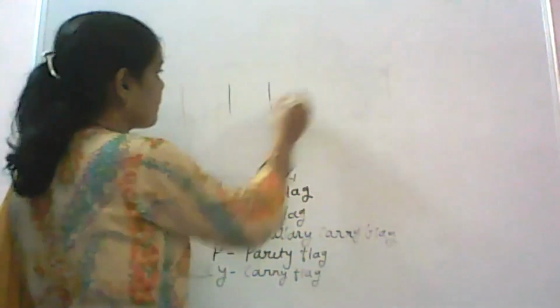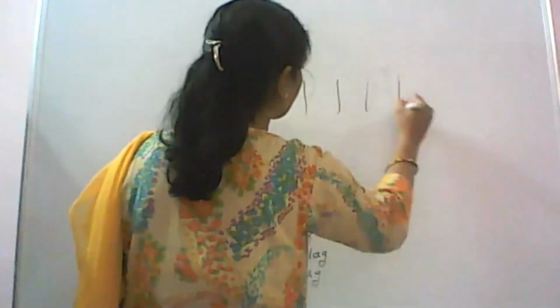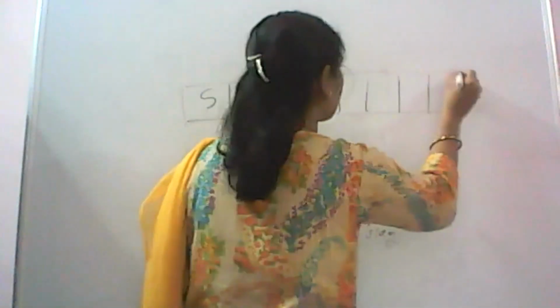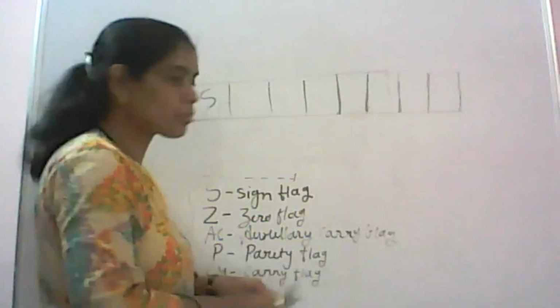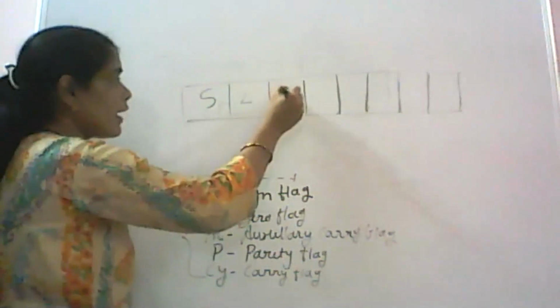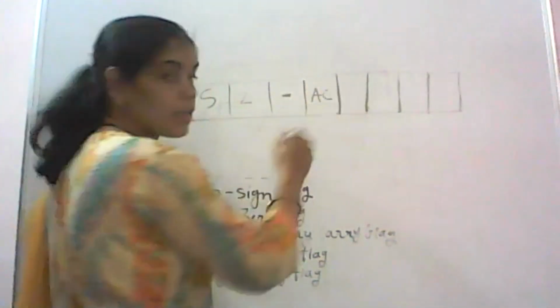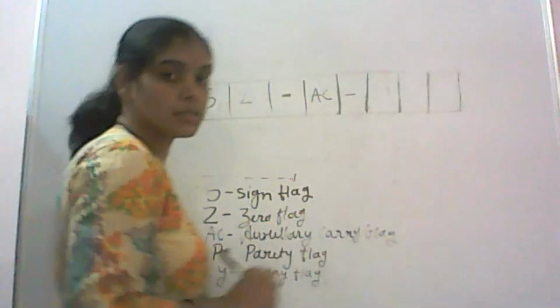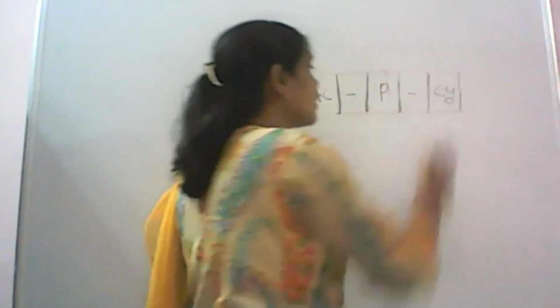See here: first sign flag, then zero flag, D5 bit inactive, then auxiliary carry flag, D3 bit inactive, then parity flag, and CY carry flag.